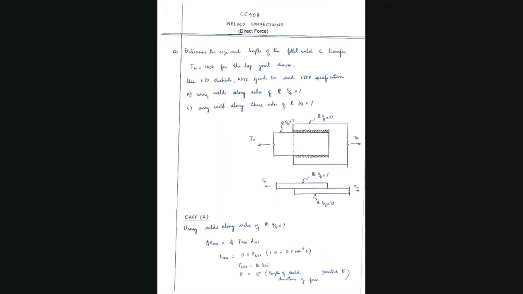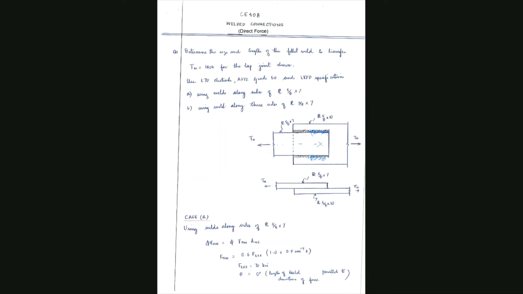And you might have figured by now that in this case both the lengths are going to be the same, because you need to keep the centroid at the center of the cross section of this material. This is something that you keep in mind. You just have to design one of the lengths that should be applied for both.